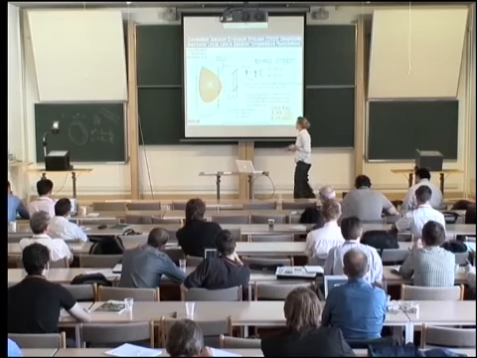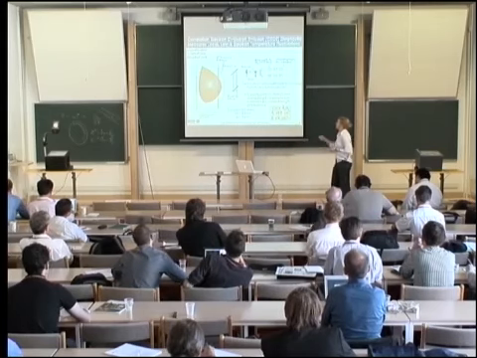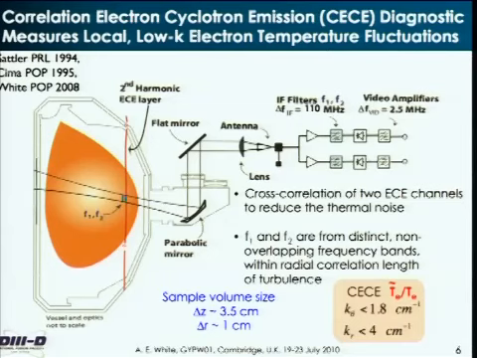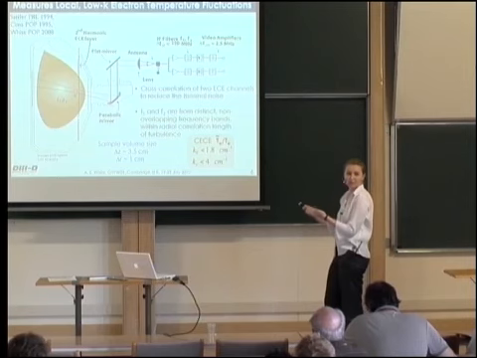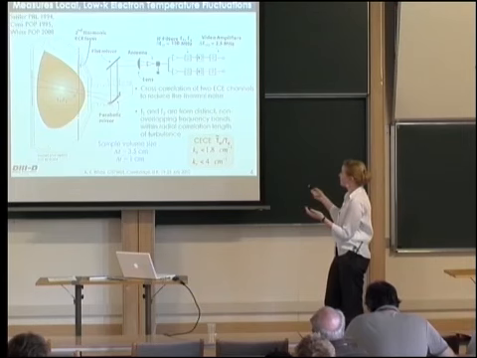This is a diagram of the correlation ECE diagnostic. In a magnetized plasma, the plasma is optically thick and emits at the cyclotron frequency, at essentially black body level, with an intensity proportional to the temperature. We can measure this with a radiometer.